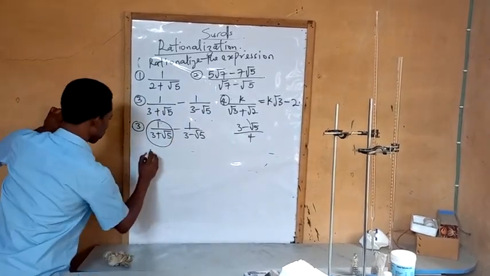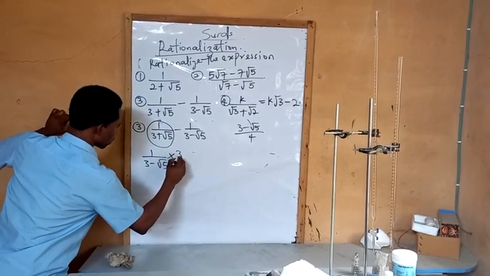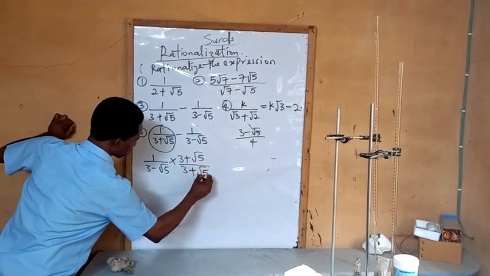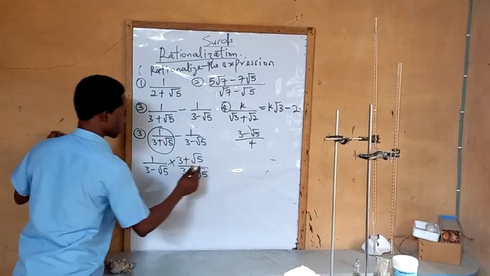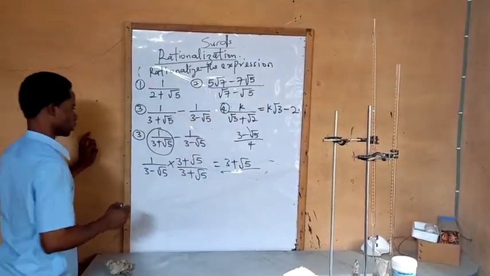This one, 1 over 3 minus root 5, that is times 3 plus root 5 over 3 plus root 5. Because the minus is here, the minus changes to plus here. So 1 times this will give me 3 plus root 5 all over.